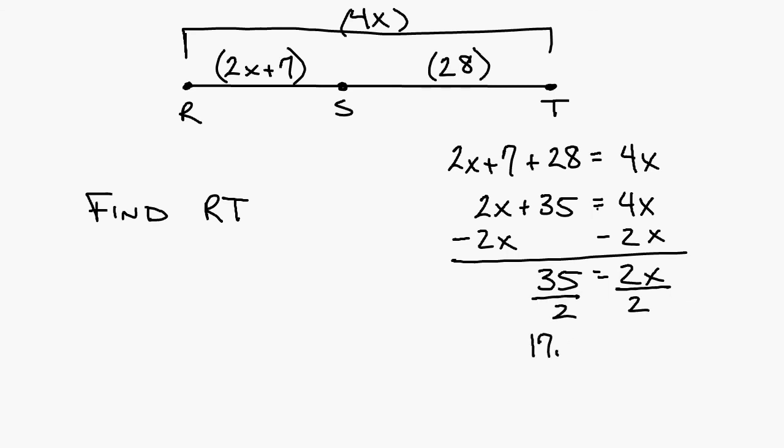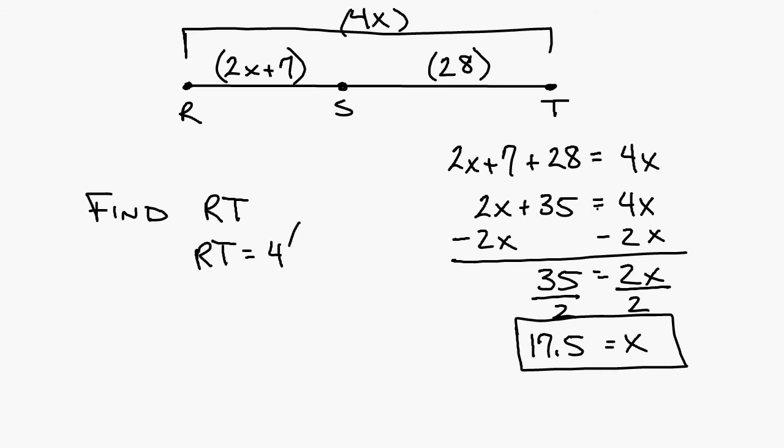So 17.5 would equal x. But that wasn't the question. The question was to find out how far it is from R to T. So RT would be equal to 4 times 17.5. So RT would equal 70.